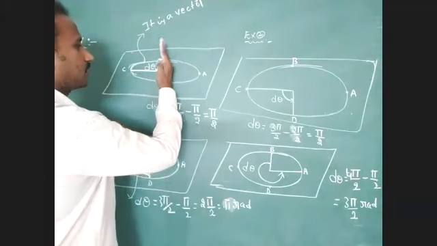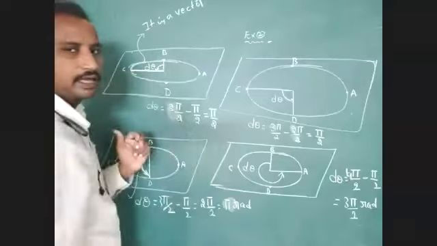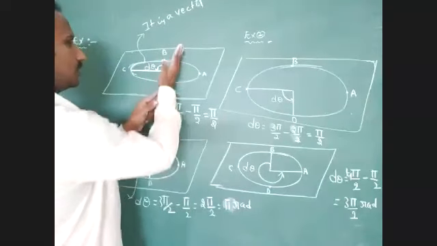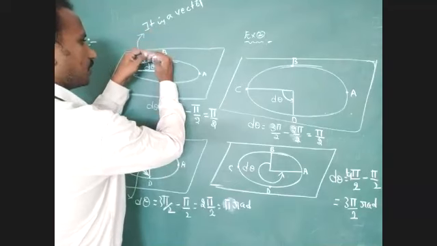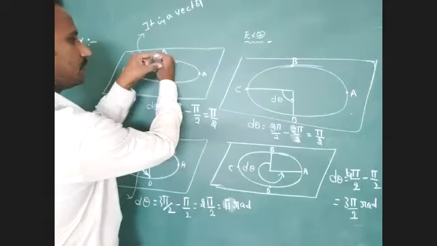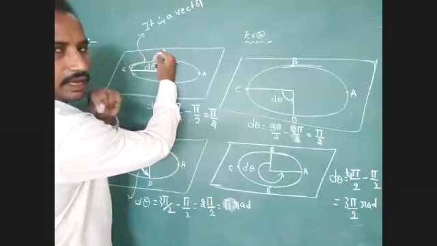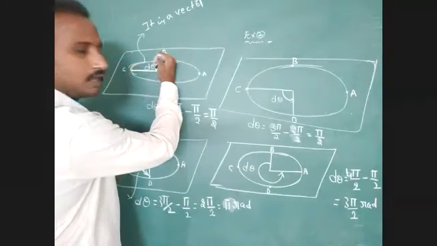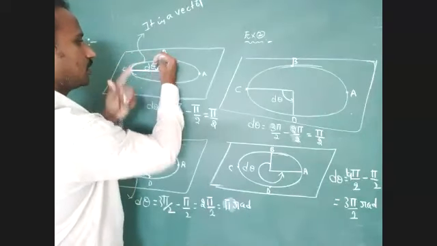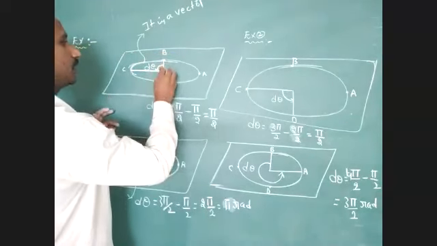Here the radius vector sweeps d theta. That movement of the radius vector we explain with the help of the curling fingers. Next, the thumb indicates the direction of angular displacement. What is the direction?